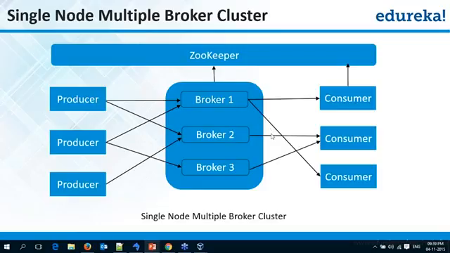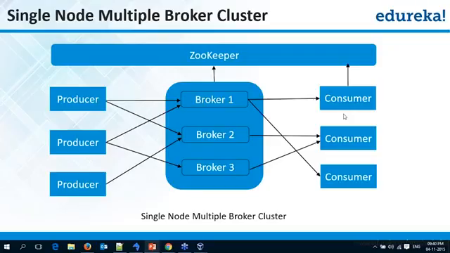Let's assume we have created a topic, and that topic is potentially partitioned onto broker 1 and 2. The partitions most of the time work on a key. Based on the key, the producer can interact with broker 1 as the lead for a particular replica set, or broker 2 as the lead for a different partition or replica set. So this is how a producer can interact with different brokers.